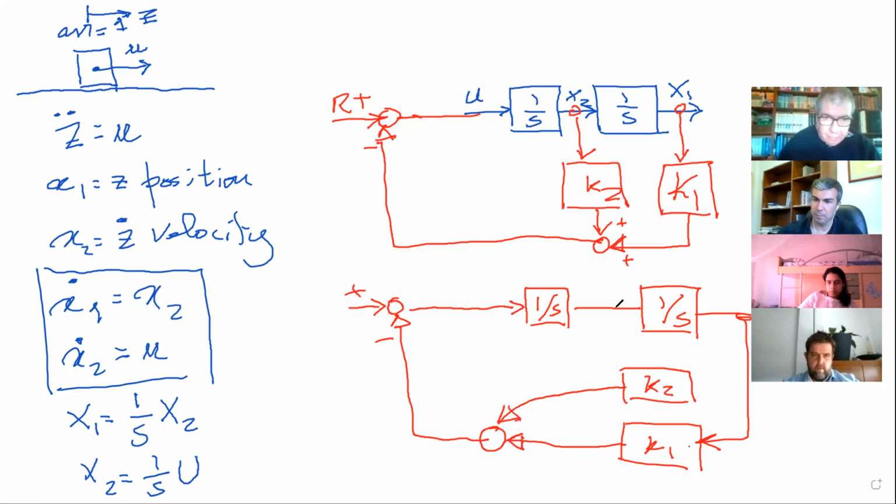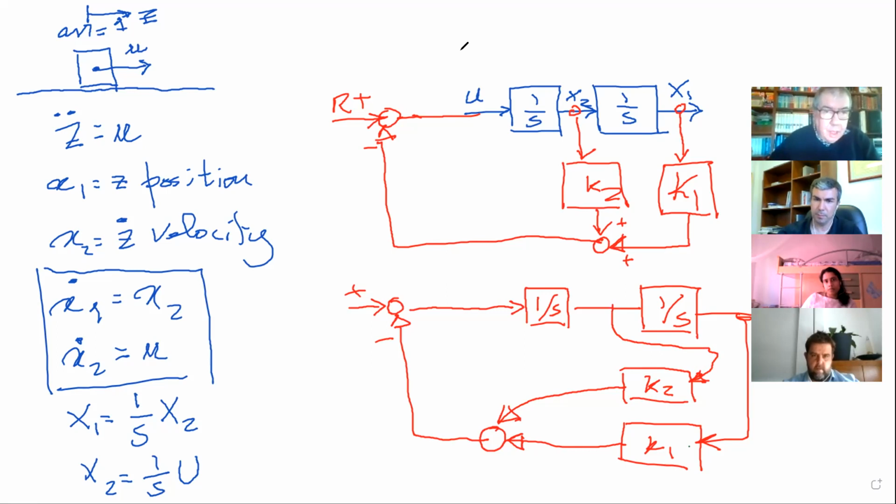Okay. Now, if I pick up this signal and put it there, it's the same as I had before, only with the difference that now the drawing is different. But if I write this, say, if I do something like this, both the diagrams are equal. You agree?